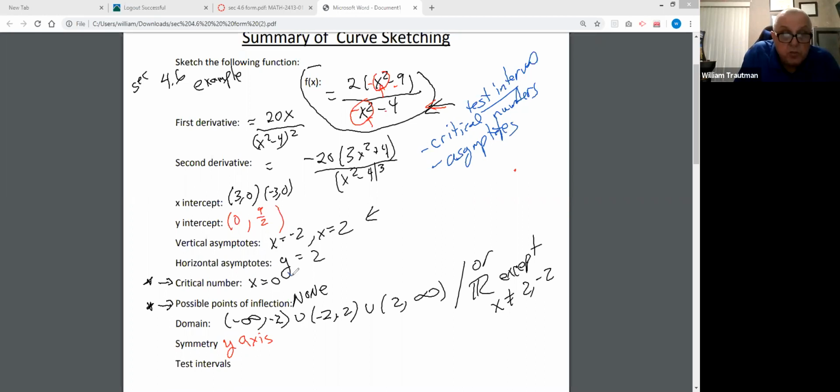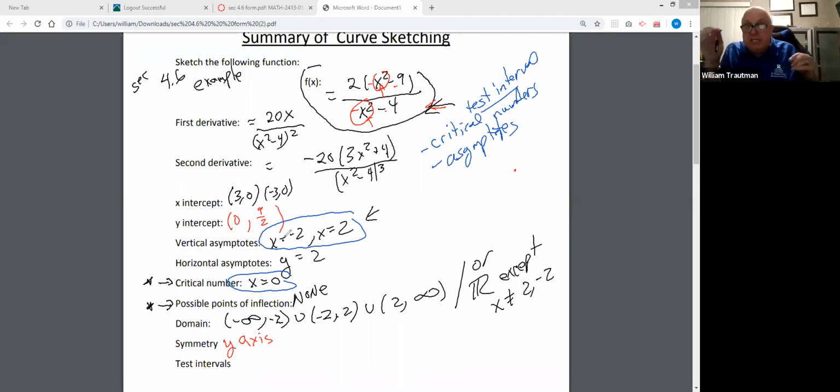Our critical number was 0. And our asymptotes, breaks in the graph, right? Our breaks in the graph were right here. So those are where our breaks are in the test intervals.